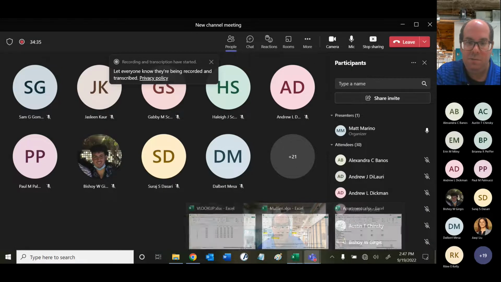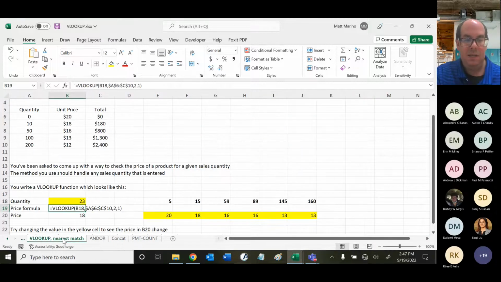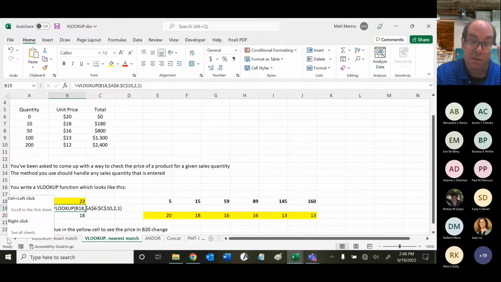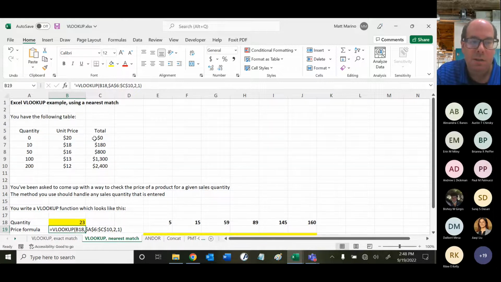Okay, so now we'll jump into the important stuff here. So like I said, the VLOOKUP, you need to know for that first exam. So we'll start with VLOOKUP nearest match first. So the point of a nearest match is exactly that, to find information that gives you the nearest match.